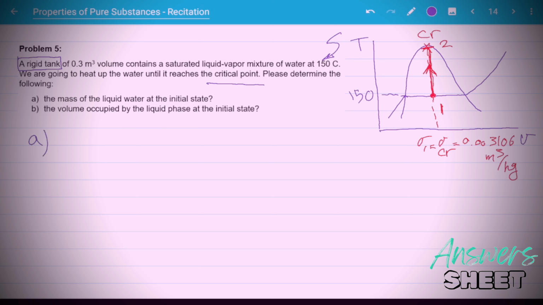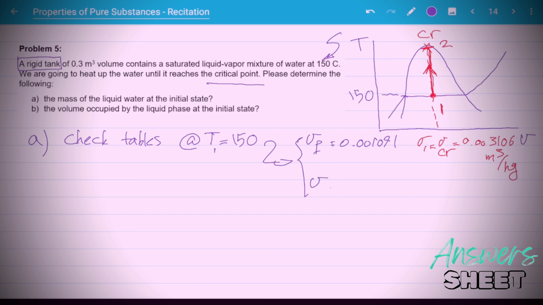Okay, so in order to answer part A, we can check the table for 150 degrees Celsius, and we get that the specific volume of saturated liquid at that temperature is 0.001091, and the specific volume of saturated vapor is 0.39248, both of them in meters cubed per kilogram.